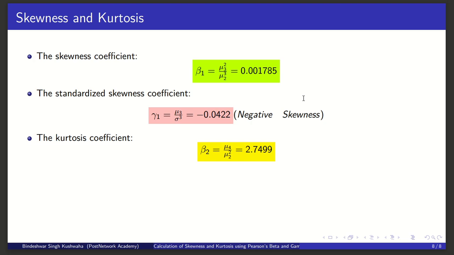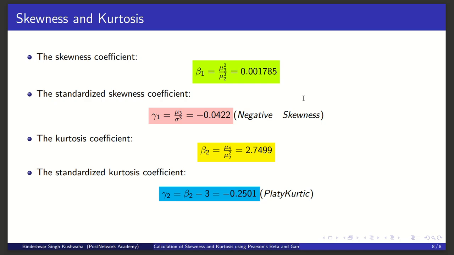I will discuss this in upcoming videos. And see that the standardized kurtosis coefficient is minus 0.2501. So it is negative, so it means it is platykurtic.